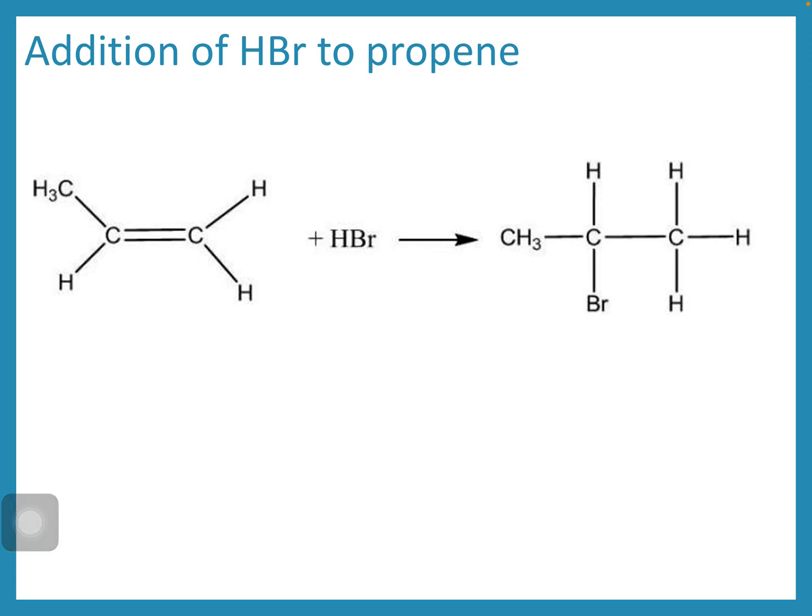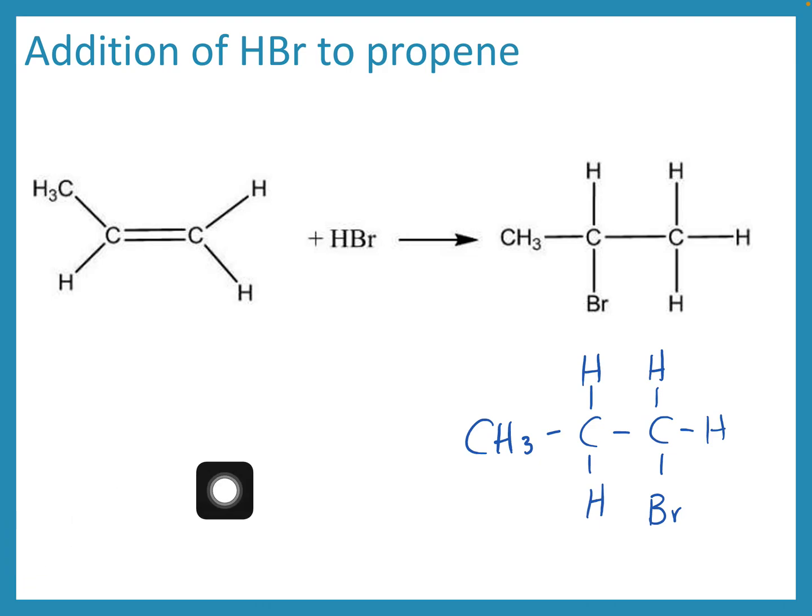So the question here is, why does the bromine add to this carbon and not to the other one? So why do we not have this instead? And these would be 2 different molecules. So if we were to name these, because we have a propane, so this here was propene.